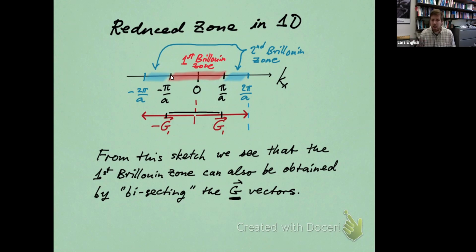G1 is a particular vector that represents the periodicity of the lattice. If we bisect that vector, we get one of the boundaries of the first Brillouin zone. The question then is, can we apply the same type of reasoning to 2 dimensions?